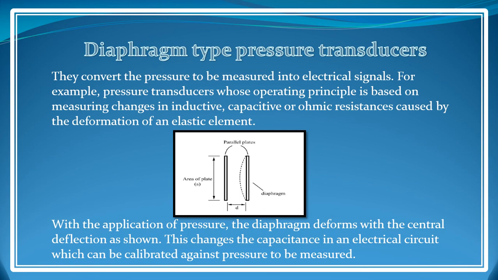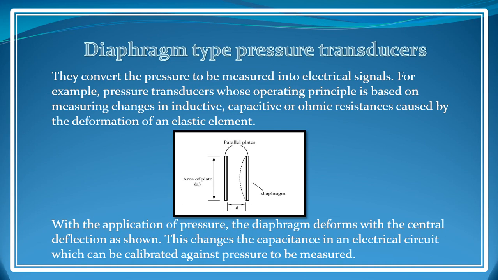This is the most important and most usable form of this diaphragm type pressure transducer, that is capacitance. Mostly we are using the capacitance type transducer in every transmitter in industries.